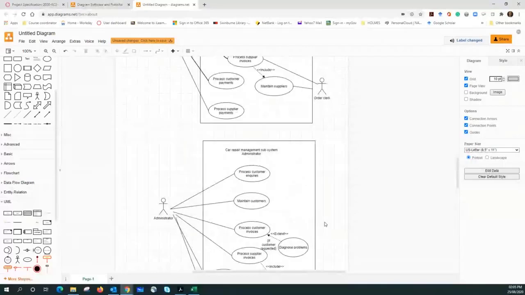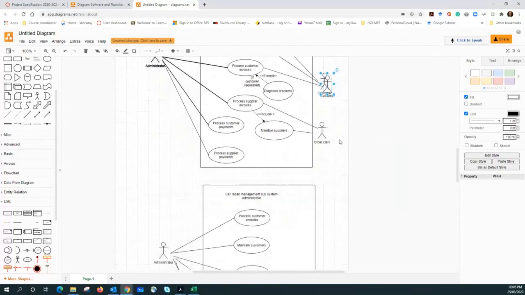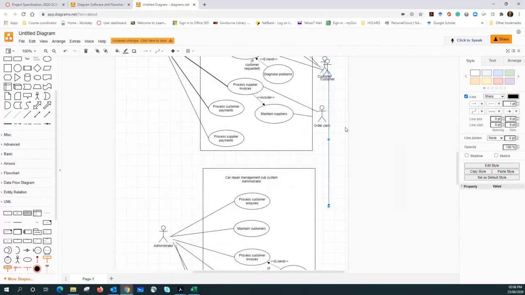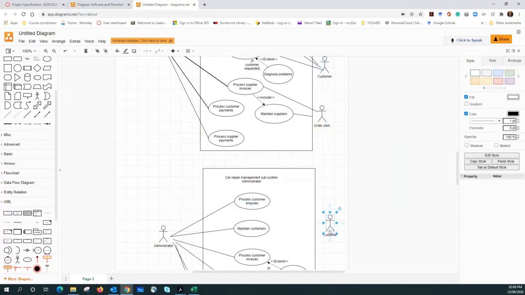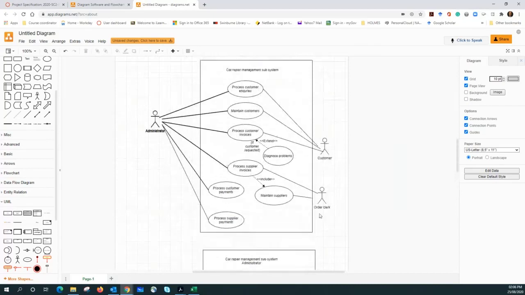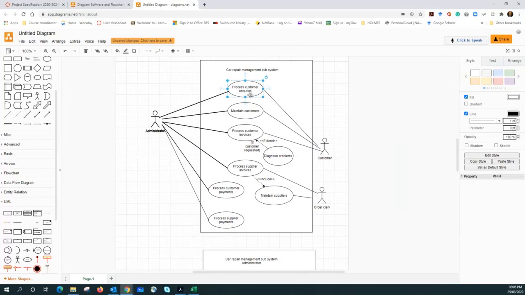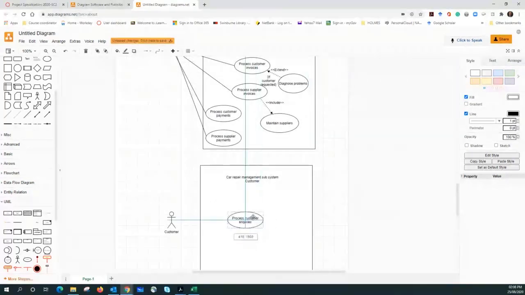Right, and then you can have customer, duplicate, oops, no, delete. Maybe you can place the customer here. And then what you need is 1, 2, 3, 4, these four use cases. So I just take this down. So it's easy.